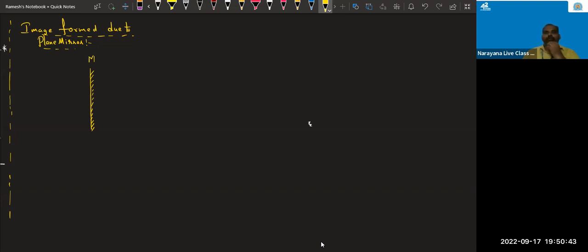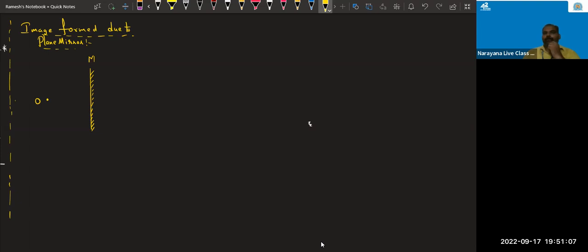Okay. Here is one point object. For better understanding, I am taking a very small size object. And here every distance we will measure from the plane mirror only. I mean, you have to fix the frame of reference, the origin here.